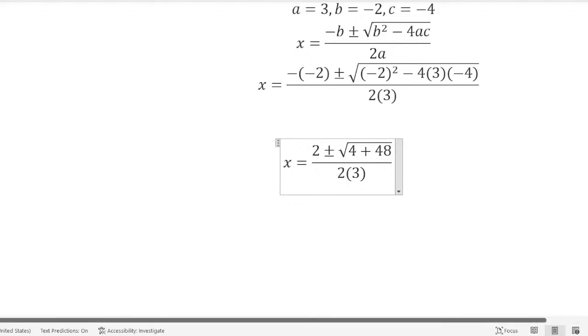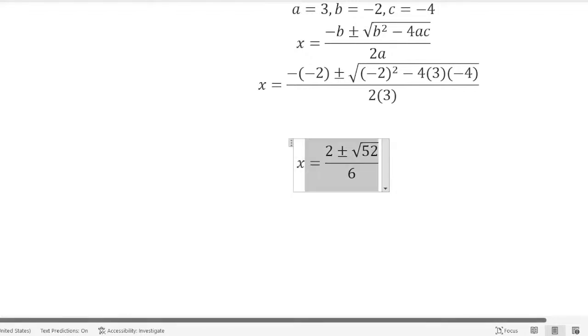Alright, so we can just say 48 plus 4, that will be 52. 52 all over 2 times 3, that is 6. So remember, we're going to have two possible values of x.